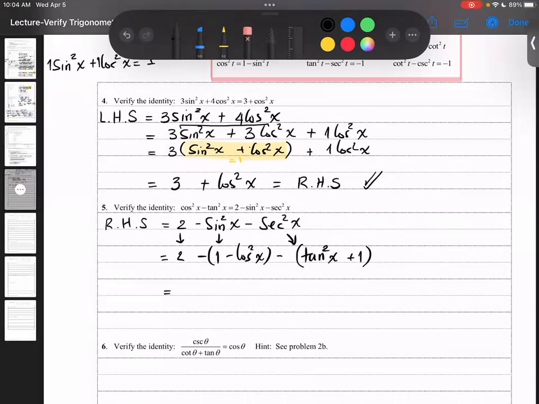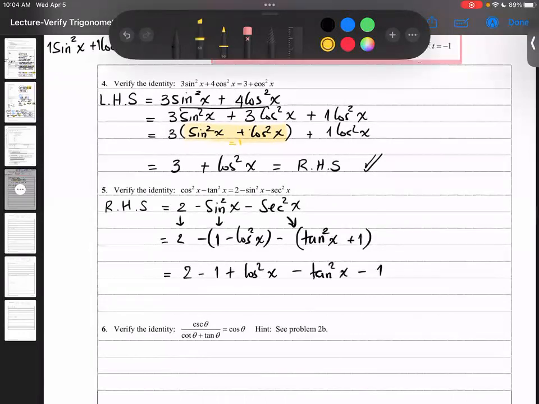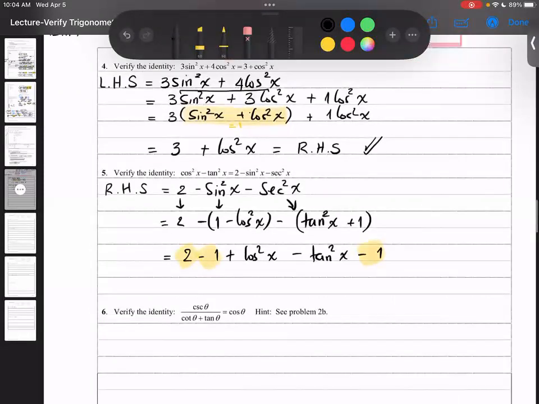Now I need to distribute the -1 in front of the parentheses. So 2, just remove the parentheses. 2 minus 1 plus cosine square x minus tangent square x minus 1. The 2 and the -1 cancel, yes. Cosine square x minus tangent square x.